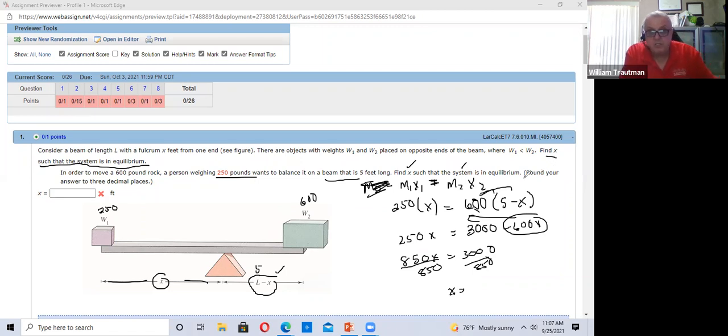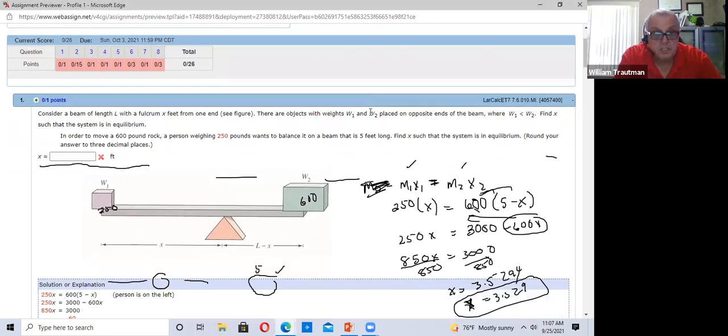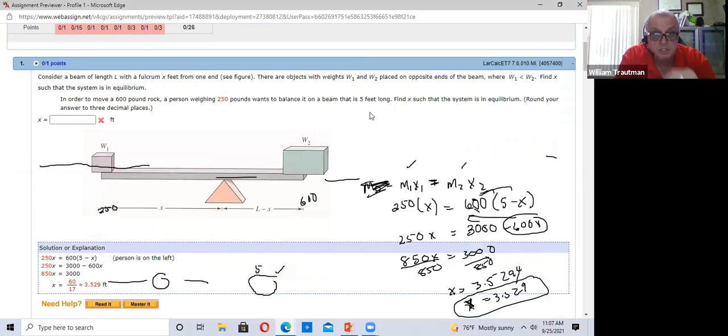And it says rounded to 3 decimal places. 3,000 divided by 850 is 3.5294. So X equals 3.529. All right, let's see. That's what they got. Good.